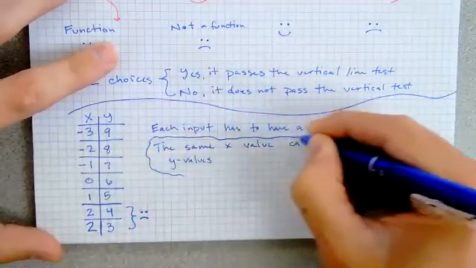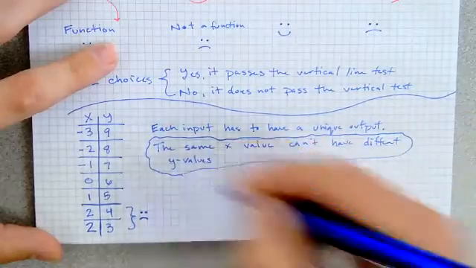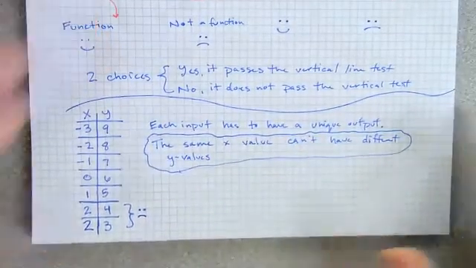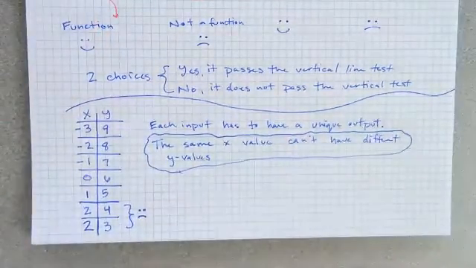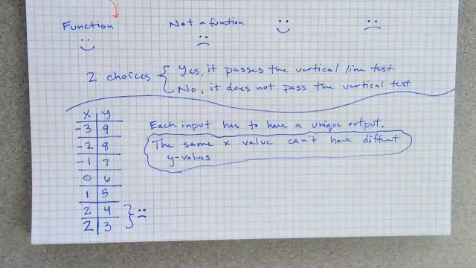That is probably the easiest way to think of it. The same X value can't have different Y values.